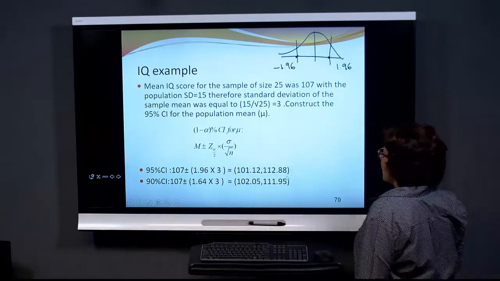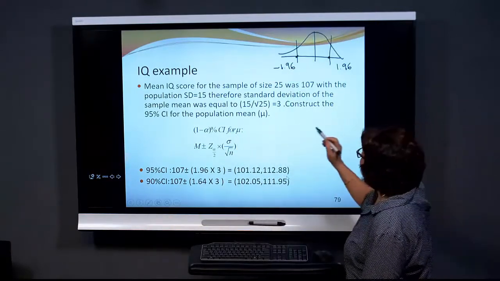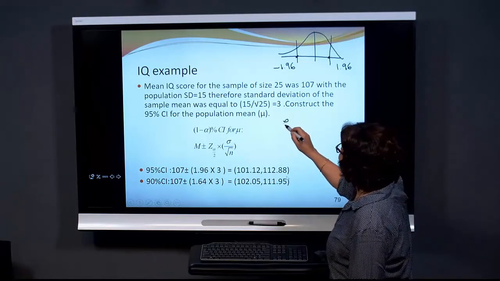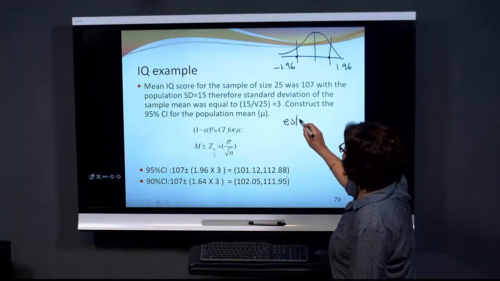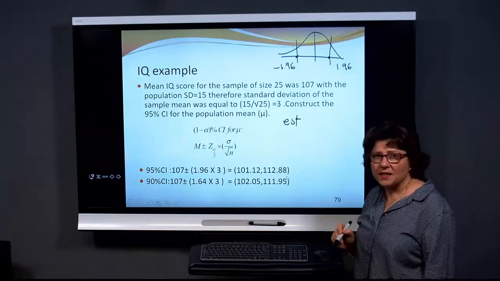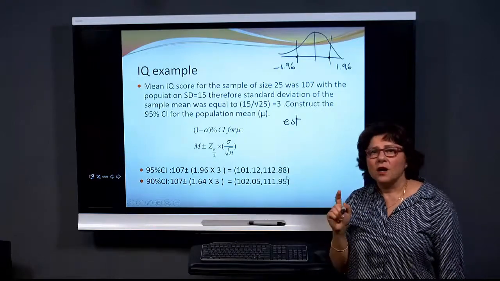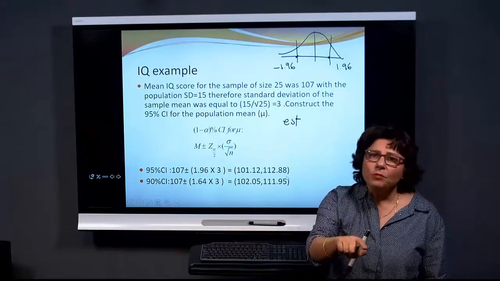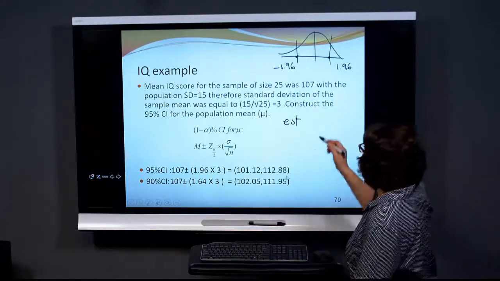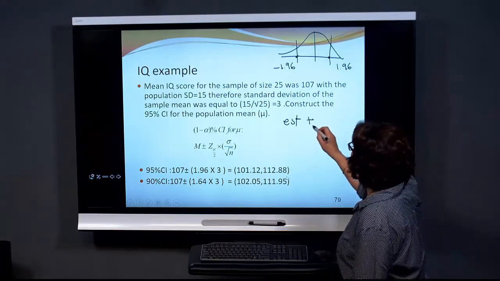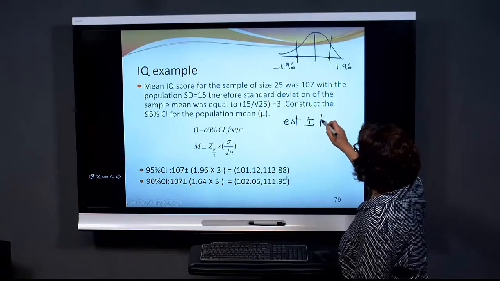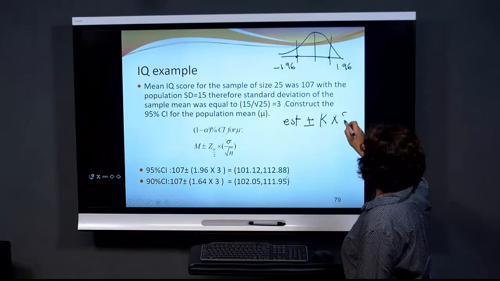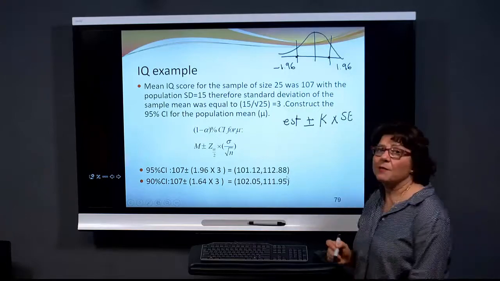So what I do, confidence interval is always the estimate of the parameter, which would be the statistic. If we are doing a confidence interval for the mean, we are talking about the estimate of mu, which is X bar, plus minus a factor times a standard error, which is sigma of X bar.